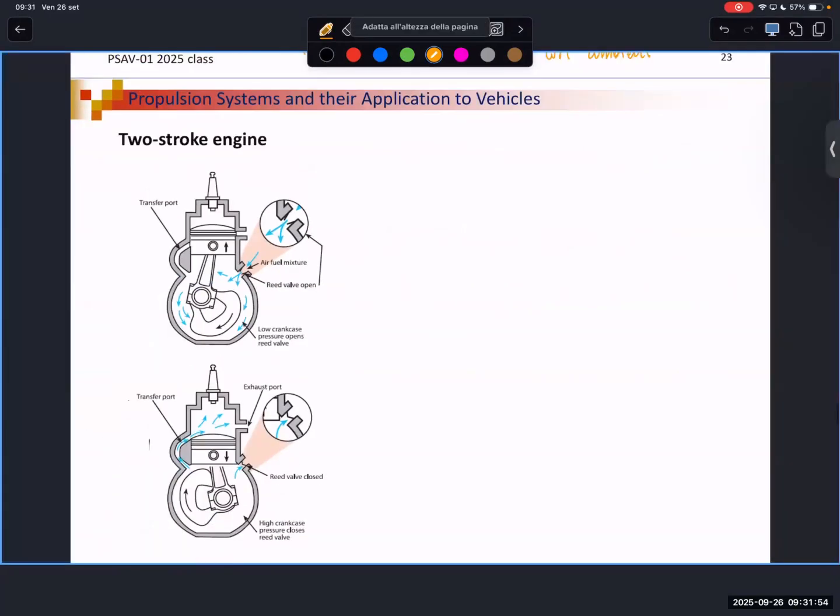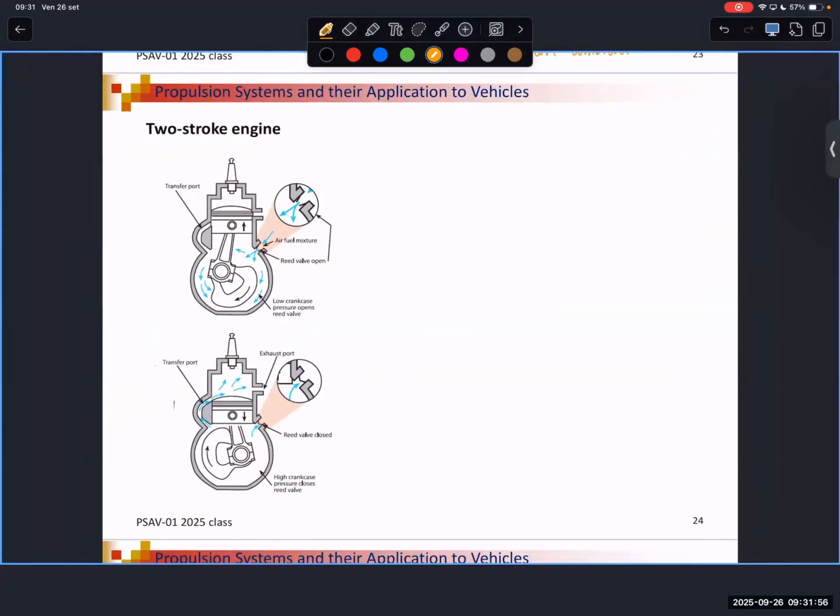This that you can see here corresponds to the crankcase scavenge. It is the most simple two-stroke engine that we can find for different applications.